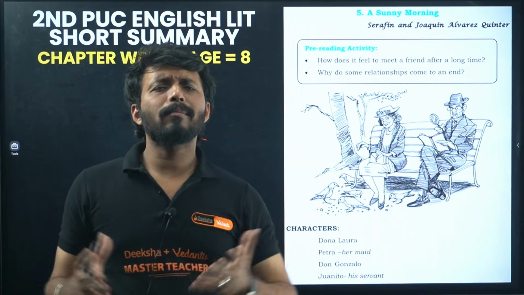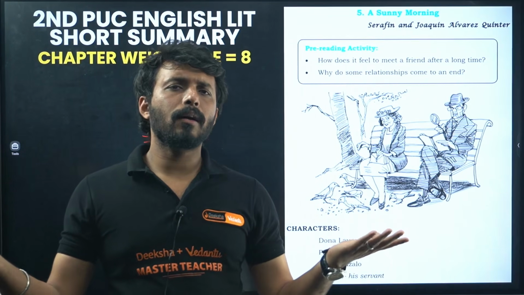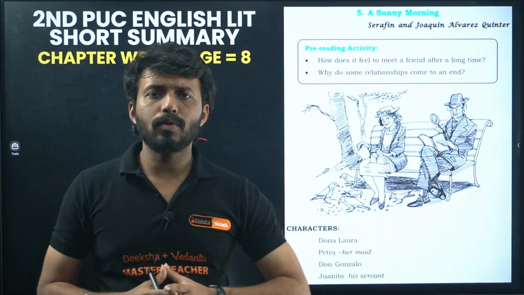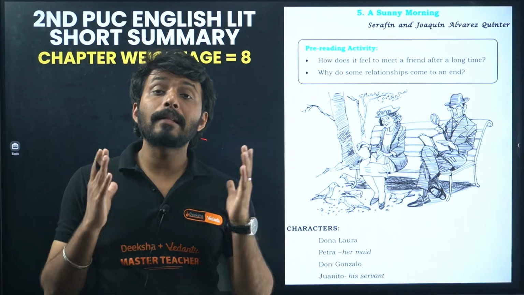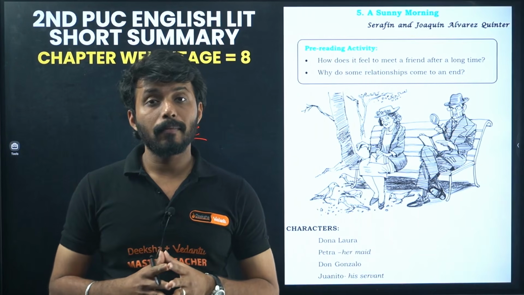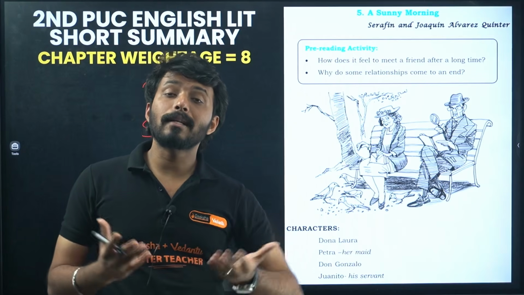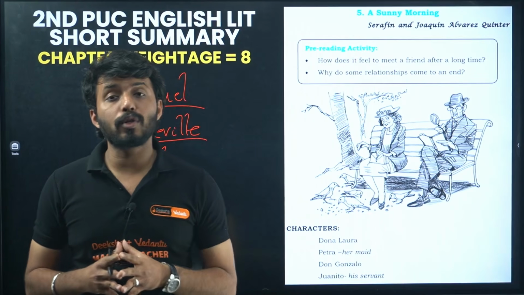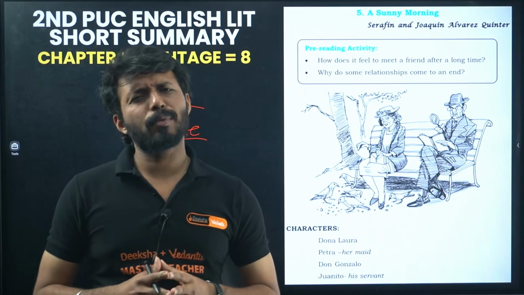Both of them did move on, but they could not complete those alternate lives that they led. And years later, in their 70s, they get to meet each other in the same park in Madrid. And it is upon the reader to assume that there could be a second part or a continuation to this beautiful story.